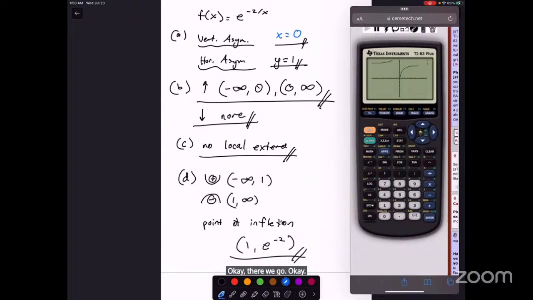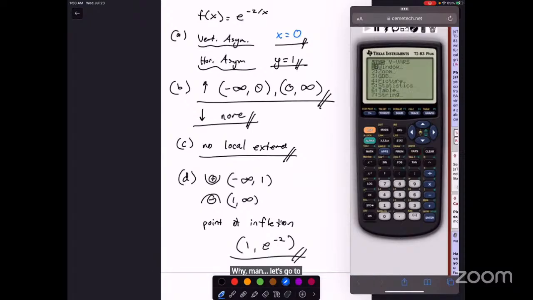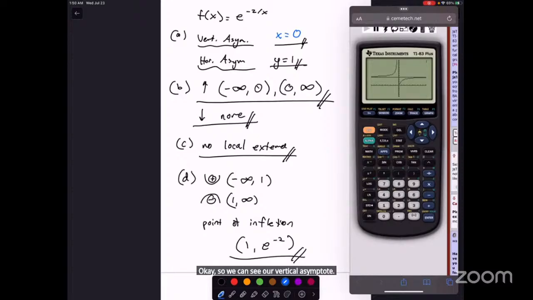So we do have a horizontal asymptote. Vertical, it does look like we have a vertical. Okay, let's change the y value. Let's go to y max is like 3. Okay, so we can see our vertical asymptote. Now we're starting to see things.